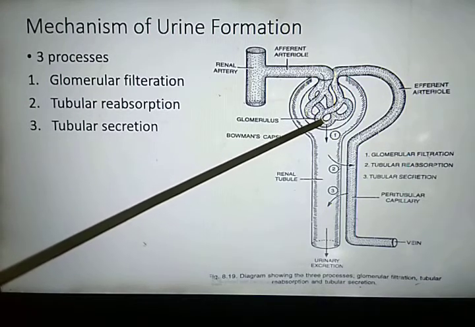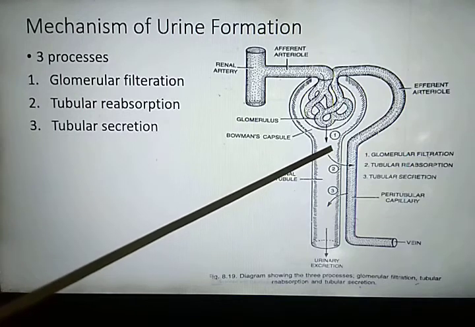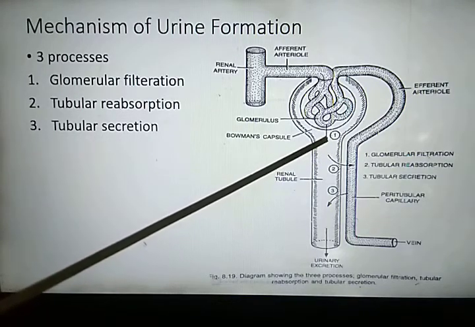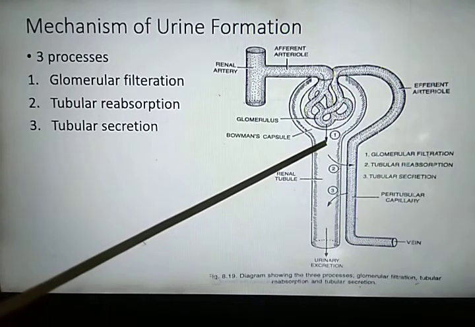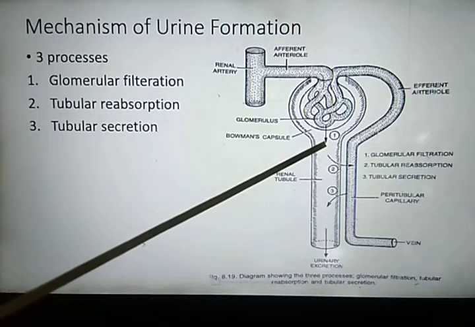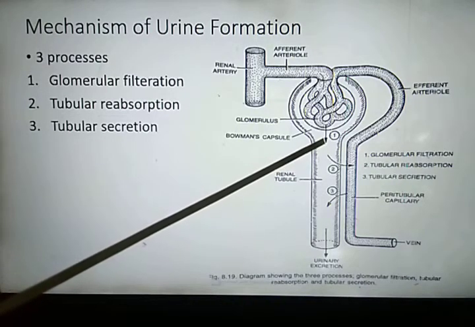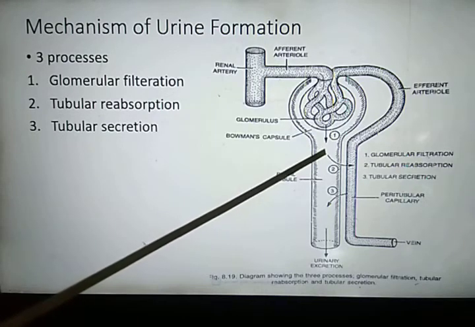So the separation of small molecules and ions from large molecules and cells in the blood is called ultrafiltration. Why is it known as ultrafiltration? Because it is a fine filtration, where most of the substances pass out from the blood into the lumen of Bowman capsule.